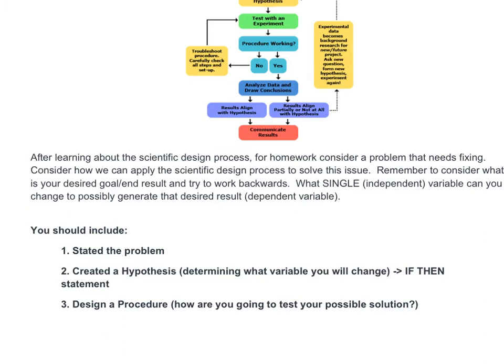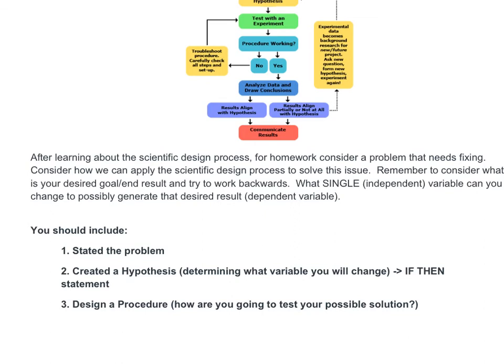This should have the greatest impact on your desired result. That would be what you're going to measure with the dependent variable. So I want you to start thinking about a problem or observation you have seen, interpreted, or noticed, and see if you want to find a way to solve that problem.